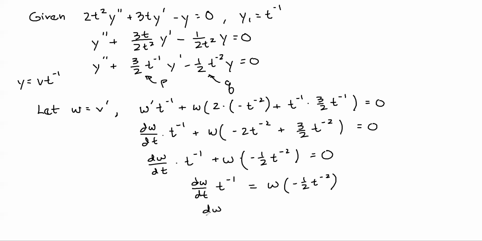We're going to get dw over w on this side. So we're going to be multiplying by dt over t to the negative 1. And so the w moves over. Here we're going to have negative 1 half. And then here we're going to end up with t to the negative 2 over t to the negative 1. So we're just going to have t to the negative 1.